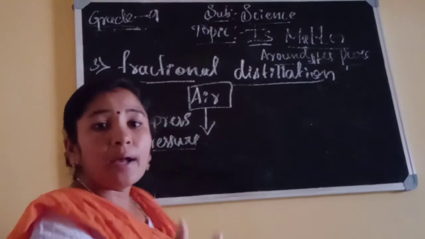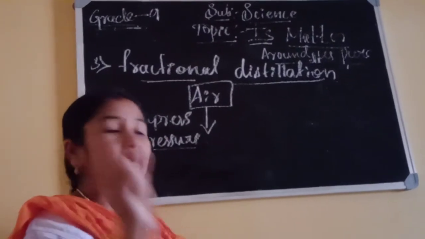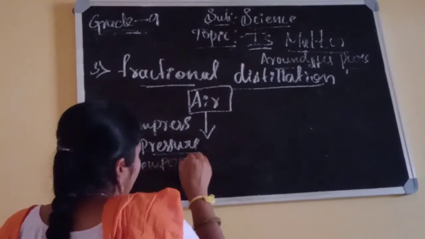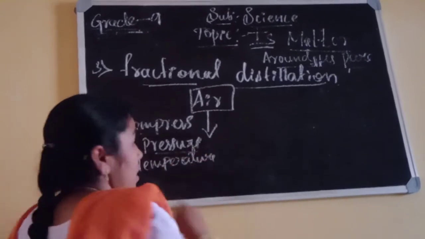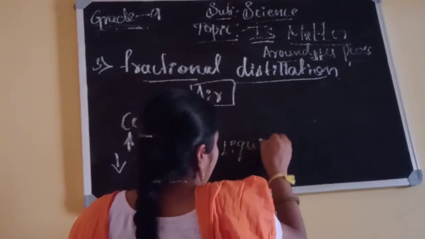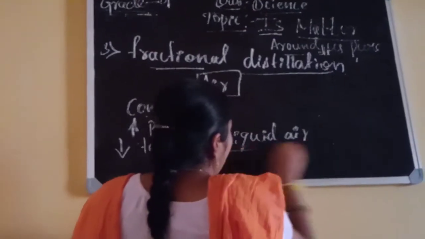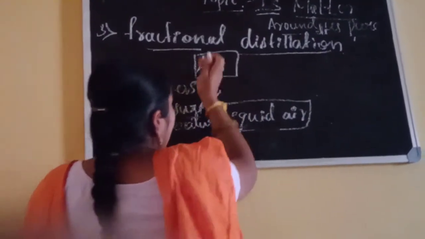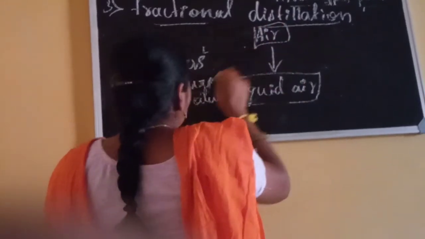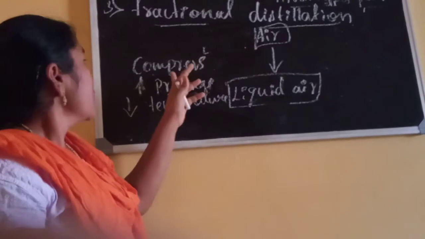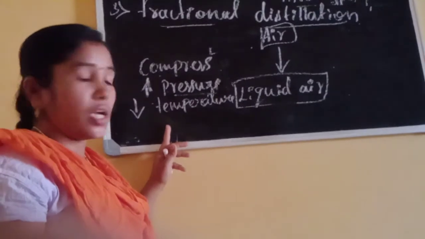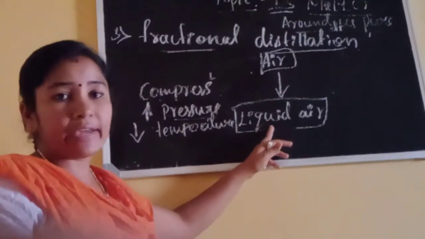Then it's cooled by decreasing the temperature. At that time you can get liquid air. Air you have to compress by increasing the pressure and then cool by decreasing the temperature. During that time you can get liquid air.